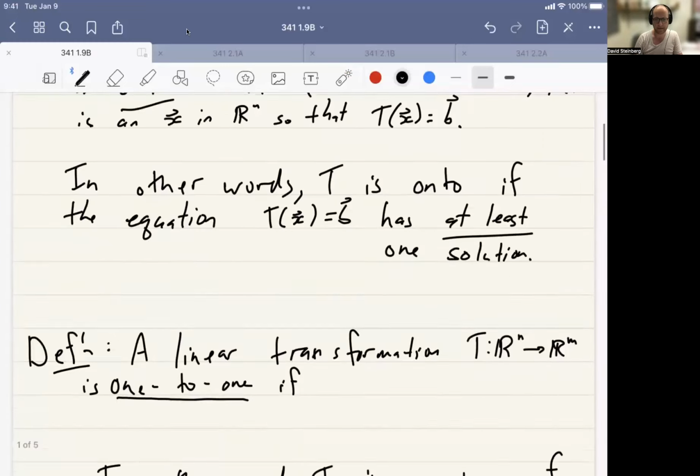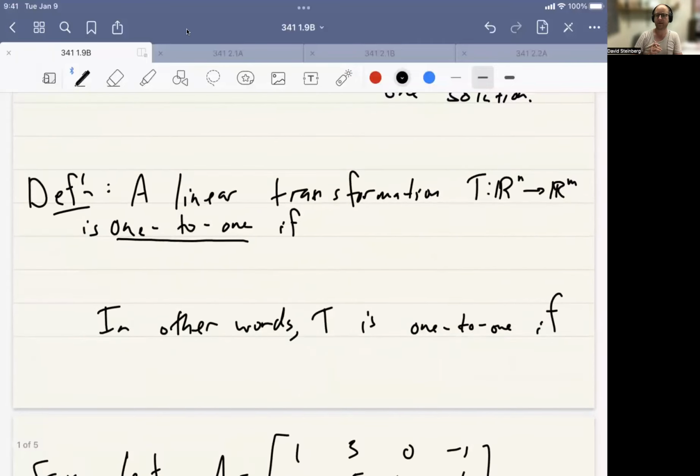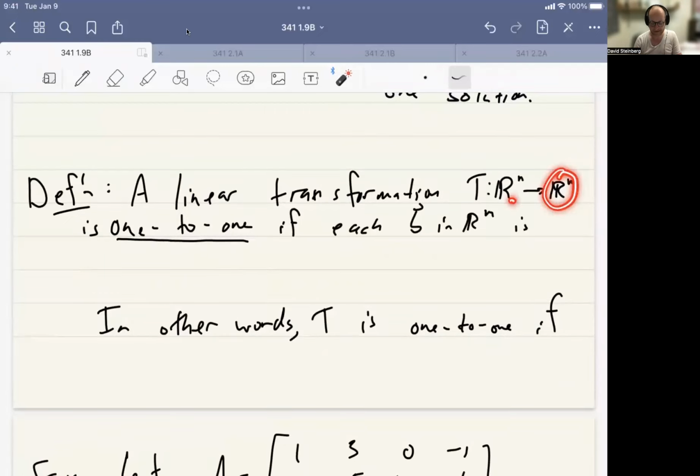And the next property is its buddy: a transformation from Rn to Rm is 1 to 1 if each B in Rm is the image of at most one vector X in Rn. If anything you grab here, there can't be more than one solution to it over in the other side.